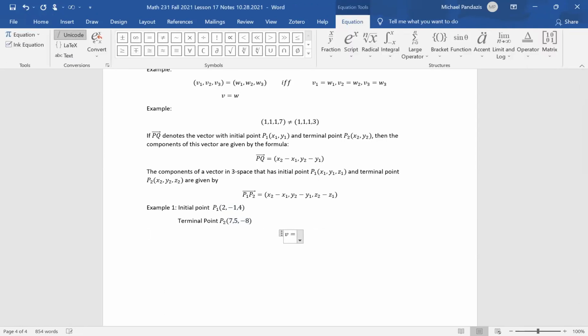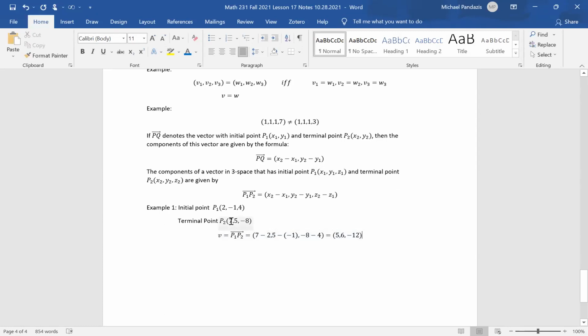And the vector v is equal to this vector. And so that vector is, you take the terminal point P2, you take 7 minus 2, comma 5 minus -1, comma -8 minus 4. And so then this is equal to 5, comma 6, comma -12.